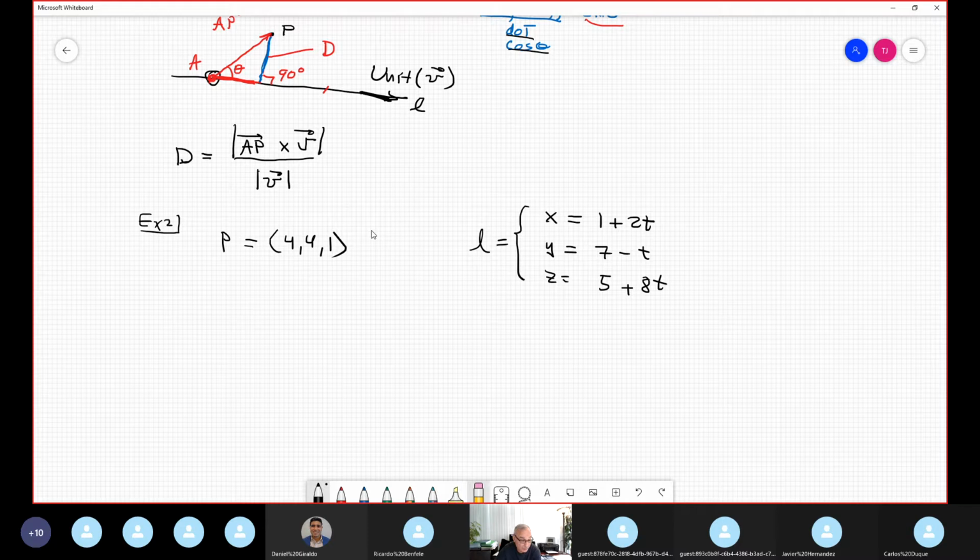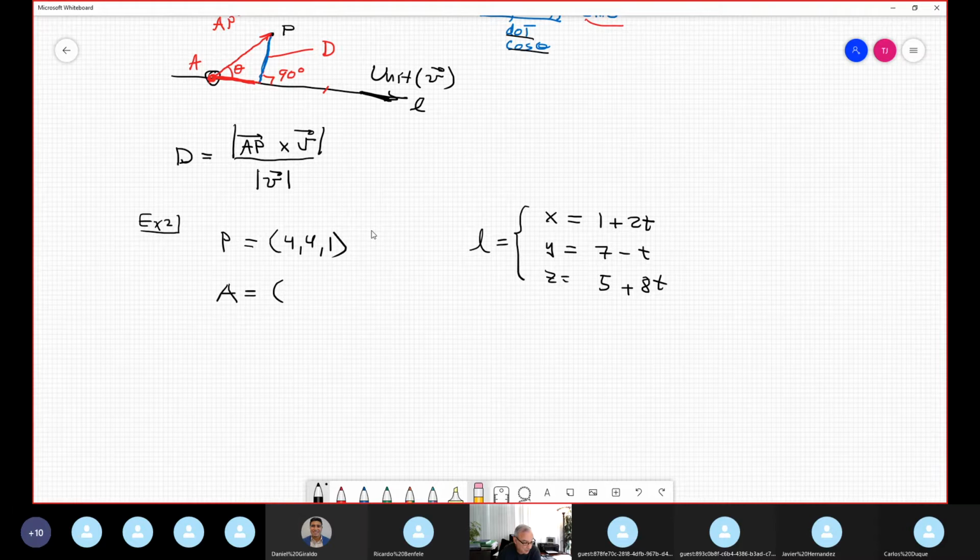Okay, do I use my formula or not? First of all, I propose you find one point on the line, which I want to call A. It's easy because you take these numbers, look, 1, 7, and 5. How do you know that? Well, suppose t is 0.